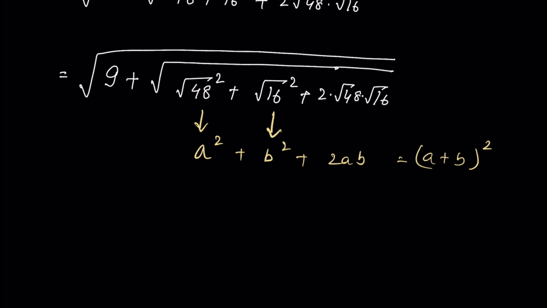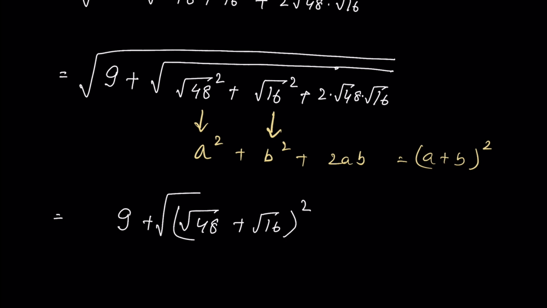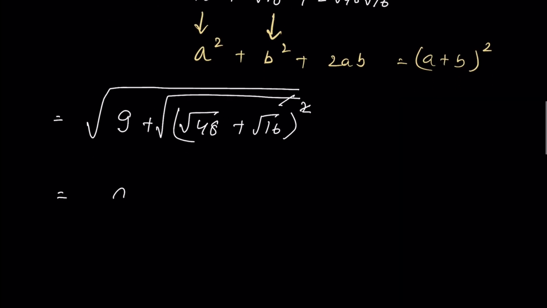So this will be 9 plus square root of 48 plus square root of 16 whole square under square root, then all under square root. Now we can remove this square root with this square. Now it is 9 plus square root of 48 plus square root of 16 is 4, then under square root.